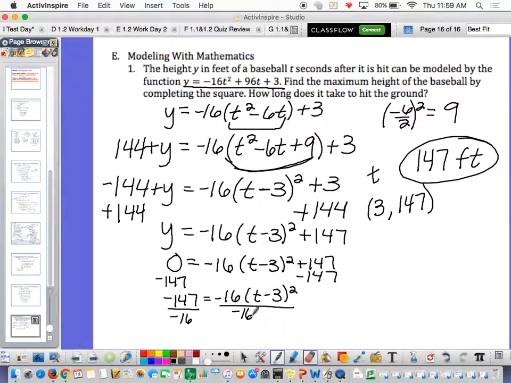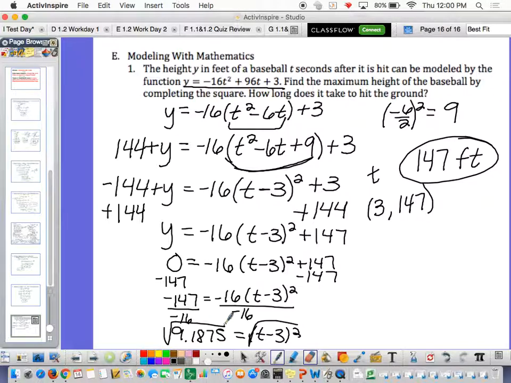Let's see. I did 9.1875 equals t minus 3 squared if you square root both sides, okay? If you do this, well, let's see.